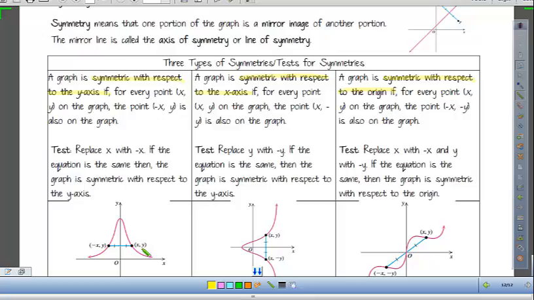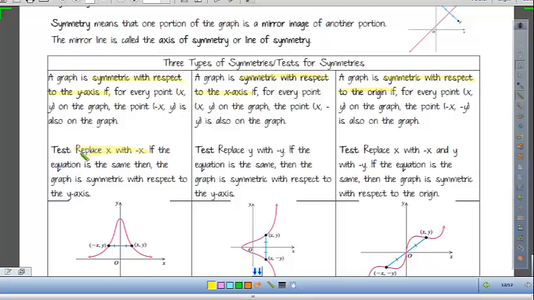So how do we test it? If I want to test for symmetry with respect to the y-axis, I'm going to replace x with negative x. If the equation is the same, then the graph is symmetric with respect to the y-axis. So our strategy for the y-axis is to replace x with negative x.